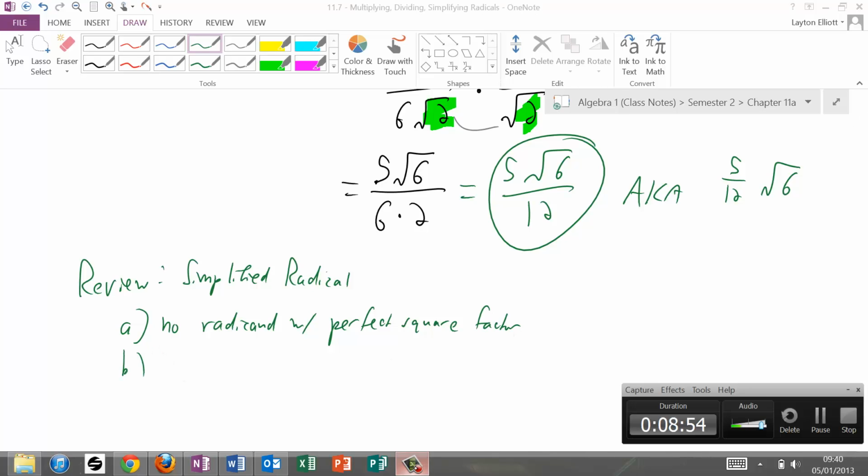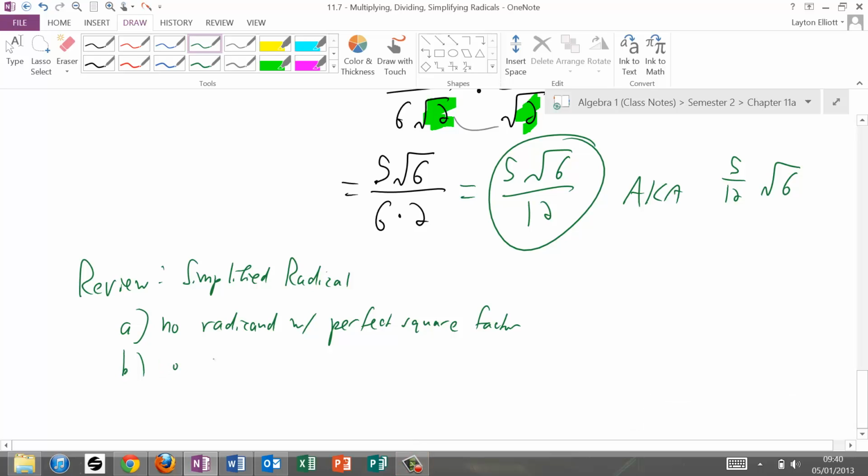Second one, no fraction under the radical. We've seen that before. And the third one that we held off until now, no radical in the denominator.